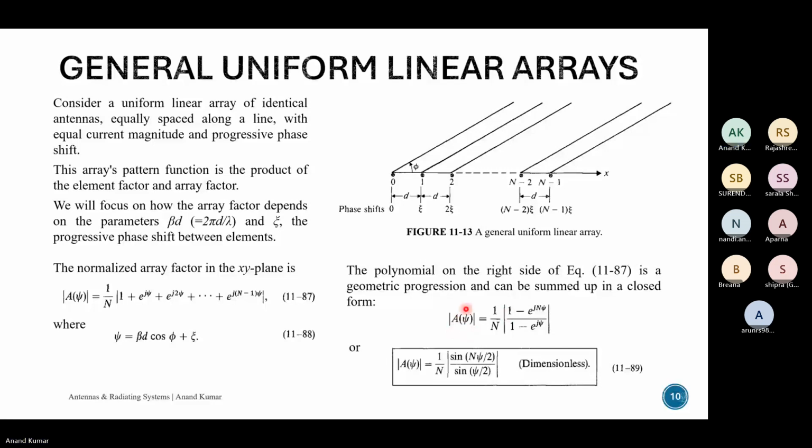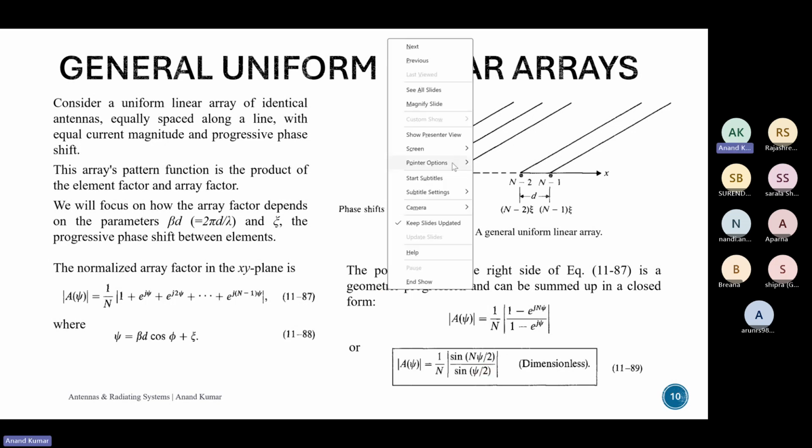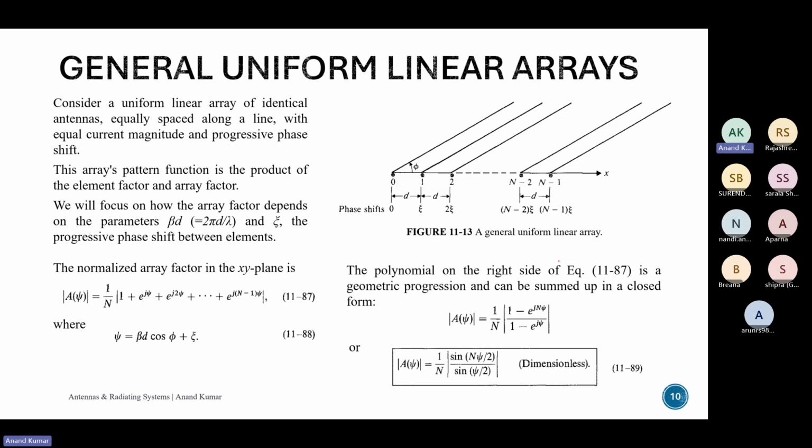So 1 minus e power j n psi and 1 minus e power j psi, these terms individually can be rearranged and written as sine n psi by 2 and sine psi by 2. Let me change to a pen.